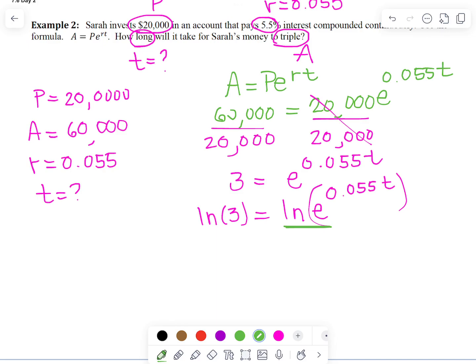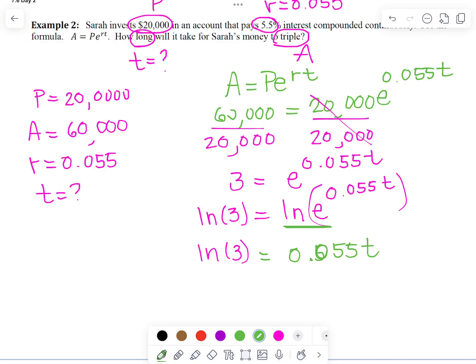We have a logarithm of base e. We have an exponential base e. So we can use our inverse property, and what we'll be left with is just the 0.055t. And then the left side is the natural log of 3. So that changes it from an exponential equation to a linear equation.